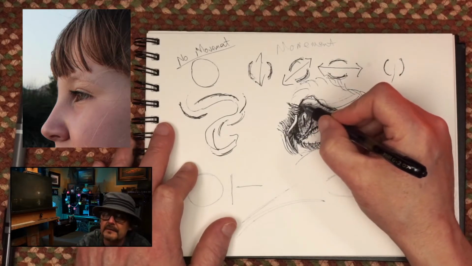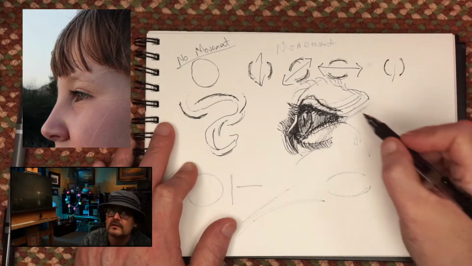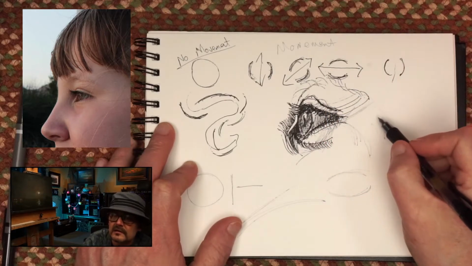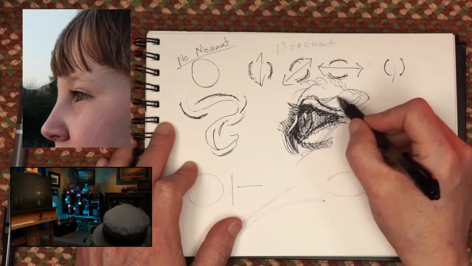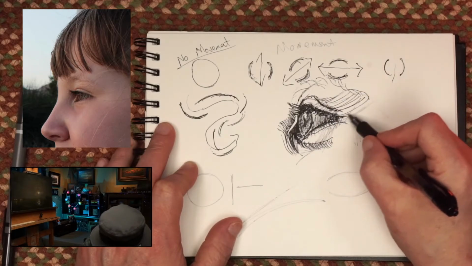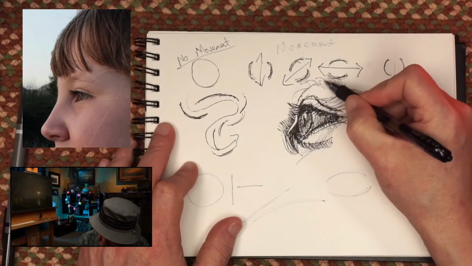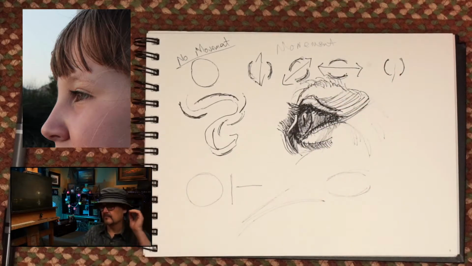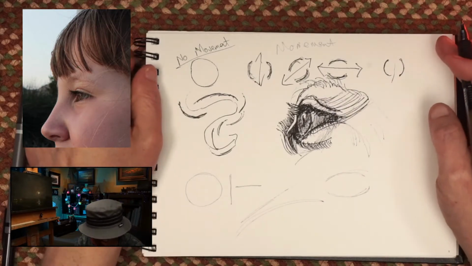Okay, and then what happens up here? So this turns around. Something like that. All right, so we're swishing and swirling around here.